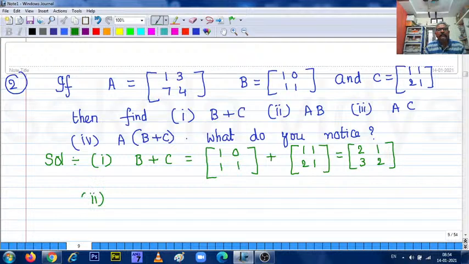Second, AB, the product of A and B. 1 3 7 4 times 1 0 1 1.